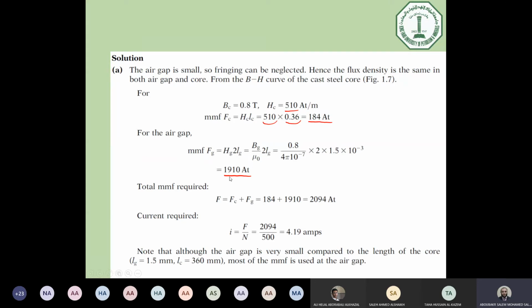So we can see here the value of ampere turn is very high compared to the value needed for the core.